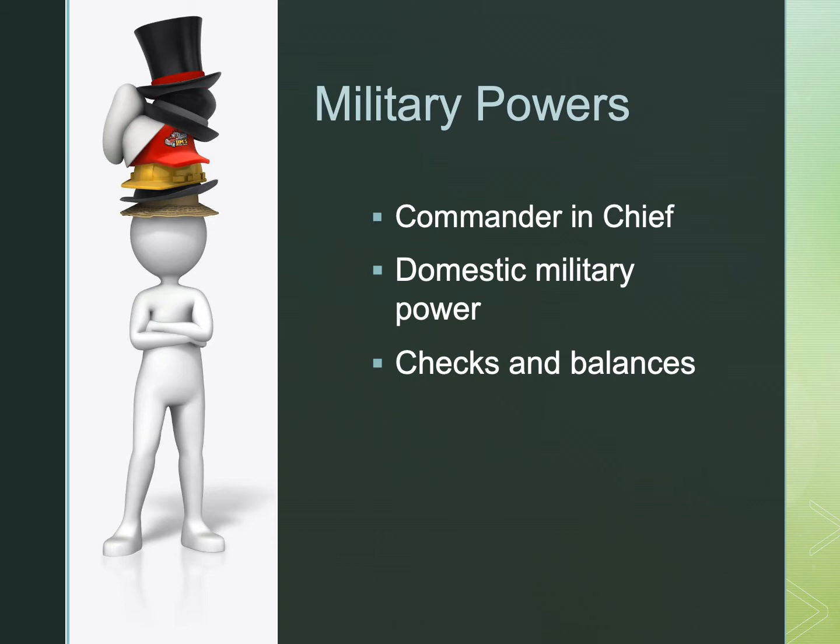Oftentimes, the domestic military power will be exercised to help out a state that's experiencing some sort of emergency situation: wildfires, a hurricane, flooding like during Hurricane Katrina. And usually the federal military will help out states when the governor or the state legislature asks for that help.